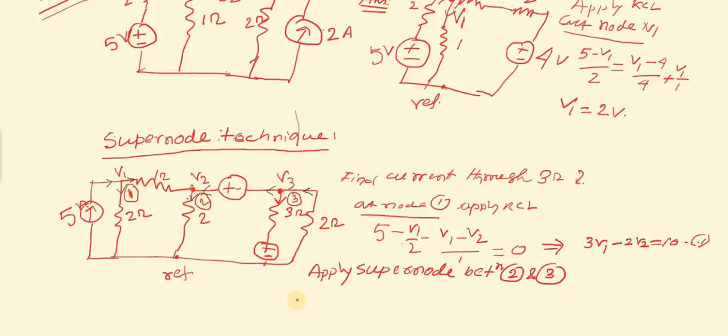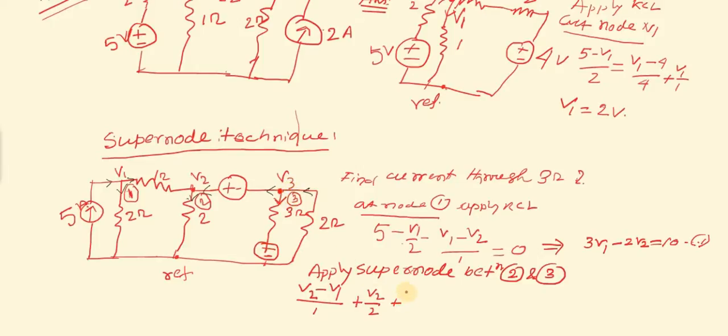So what will be that current equation? V2 is at a higher potential than V1, so V2 minus V1 by that resistance 1, plus this V2 by 2, plus this is the voltage at node 3 and the current will be the difference of this voltage and this voltage.